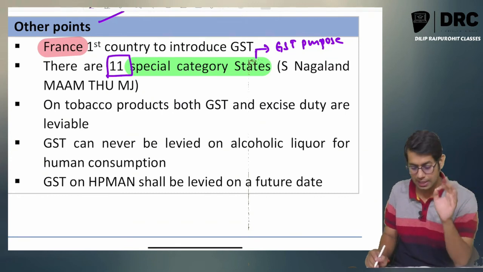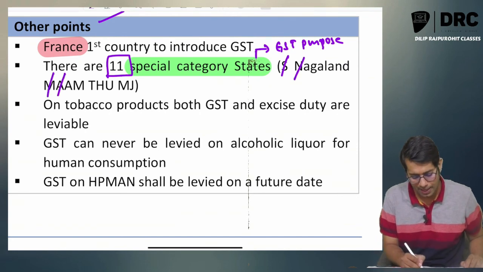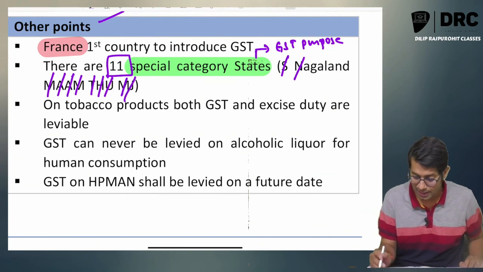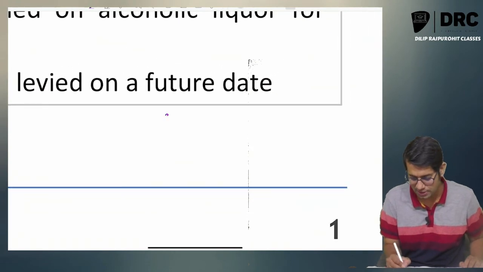Which are those 11 states? Sikkim, Nagaland, Manipur, Assam, Arunachal Pradesh, Meghalaya, Tripura, Himachal Pradesh, Uttarakhand, Mizoram, Jammu and Kashmir. How many states are there? 11 special category states.